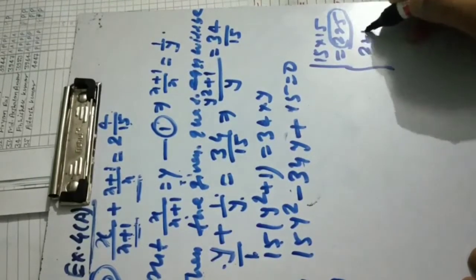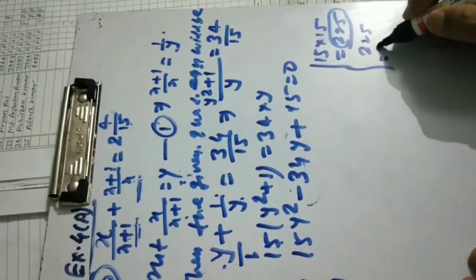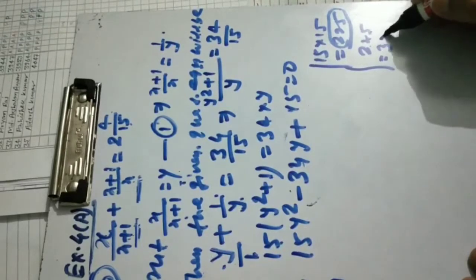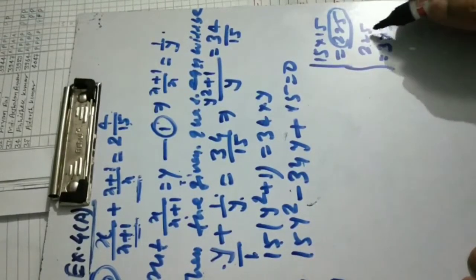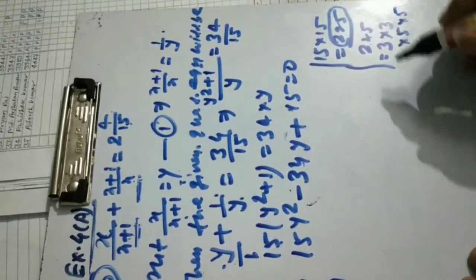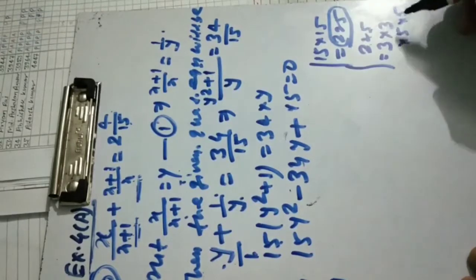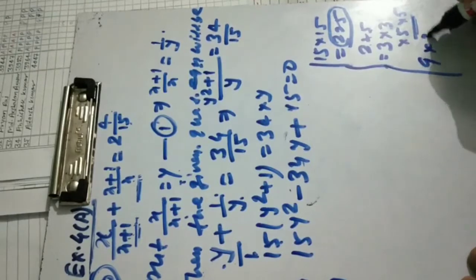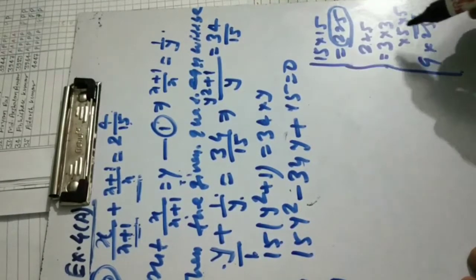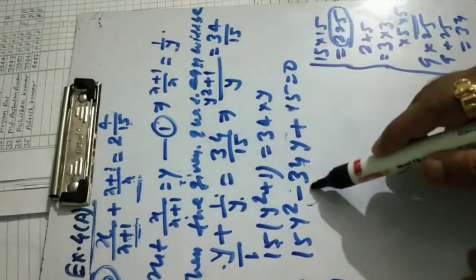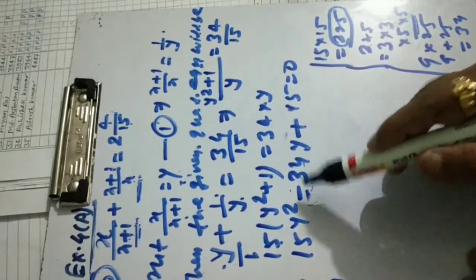So let us factorize it. 225 is divisible by 3, 3 75 is 225, 3 25 is 75, then 25 is 5 multiplied by 5. Now we have to choose two factors from this. So it can be written as 9 multiplied by 25 will be equal to 225, but their sum is 9 plus 25 is equal to plus 34, but here minus is before 34.